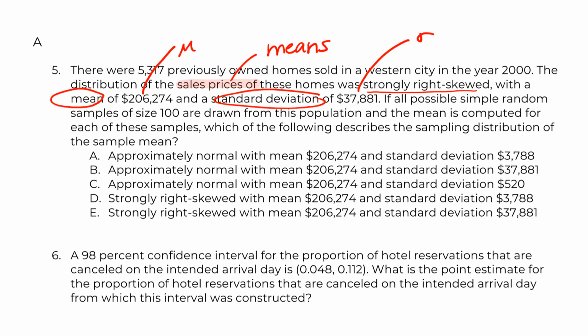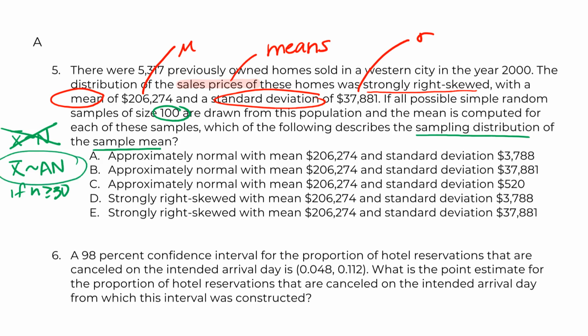But this all makes sense when you get to the final sentence. It says, which of the following describes the sampling distribution of the sample mean? Now remember, when we talked about sample means, we said x bar either follows a normal if our distribution is originally normal, which we know is not true here, or x bar follows an approximate normal, which could be true for us if n is greater than or equal to 30, and we do have a sample of 100.